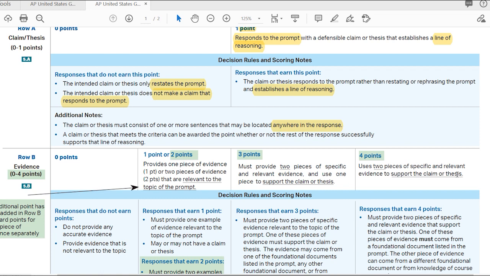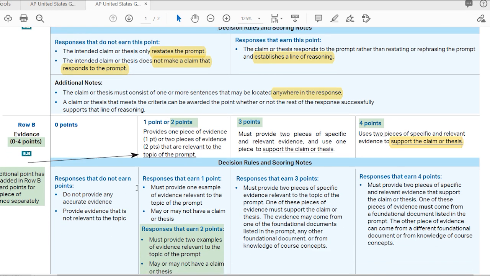So basically, to use kind of the old framework we talked about, if you have 2 pieces of evidence and one of them is accurate, the other one is not, this kind of makes it a little bit more clear. To get all 4 points, you have to use 2 pieces of evidence that are specific and relevant that support the claim or thesis. That's the key.